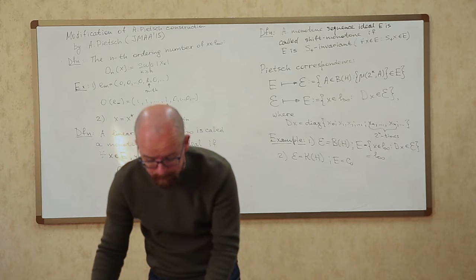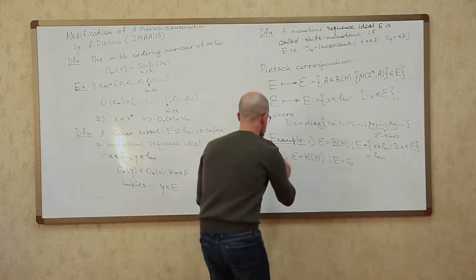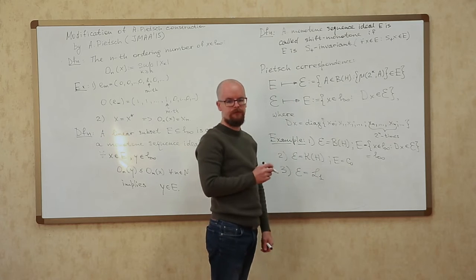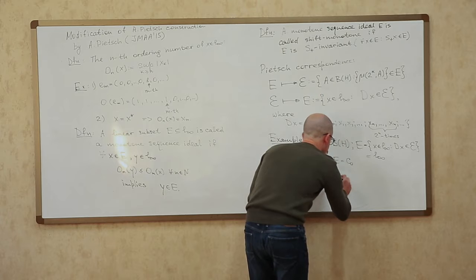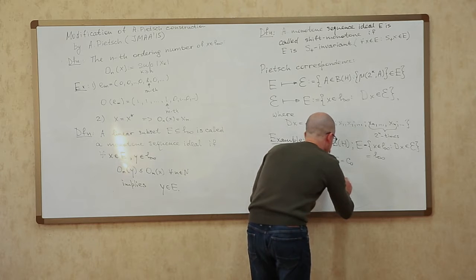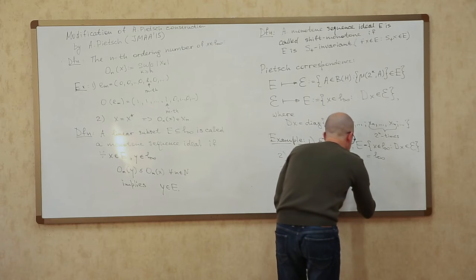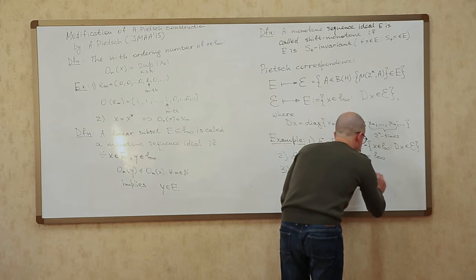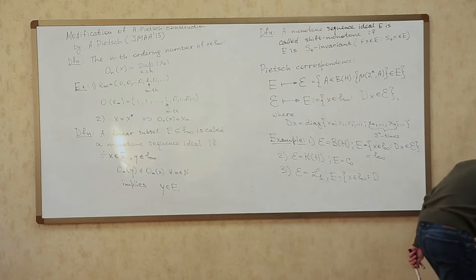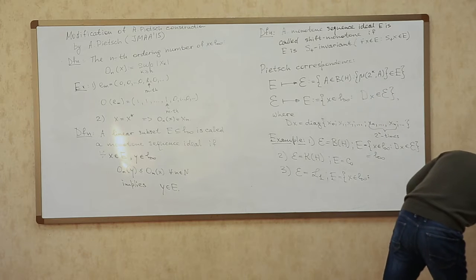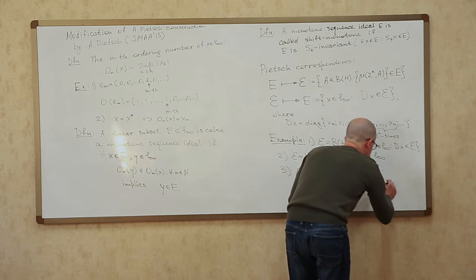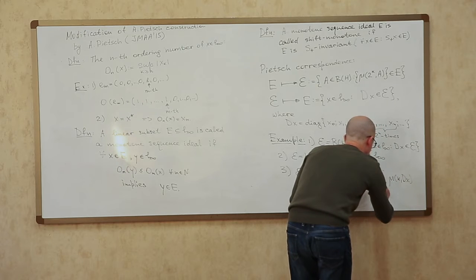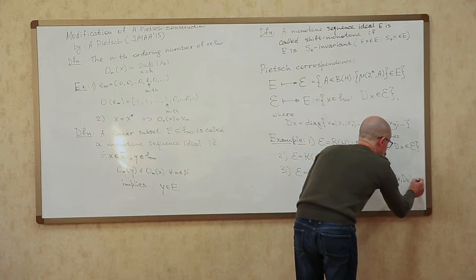L1. The usual trace class. So here we have that E equals the set of all sequences such that the sum of mu k of dx, from k equals 0 to infinity, is finite.